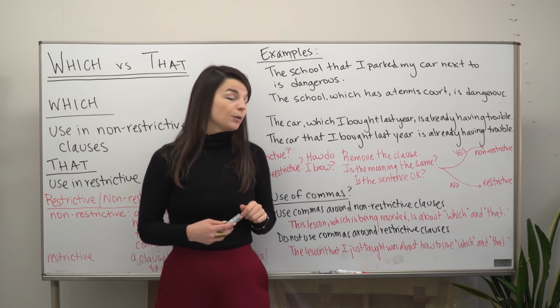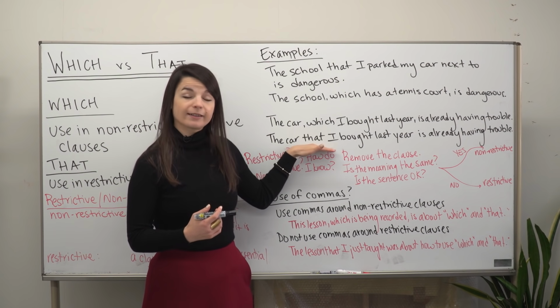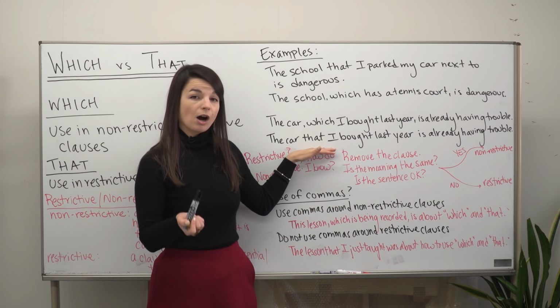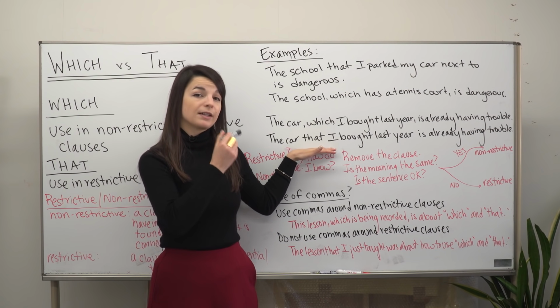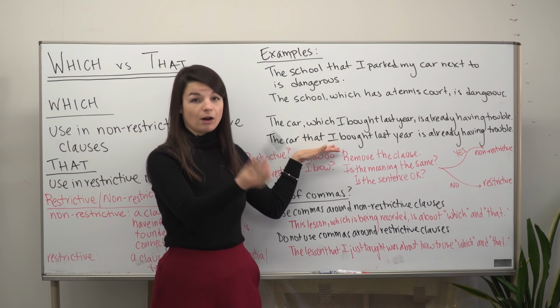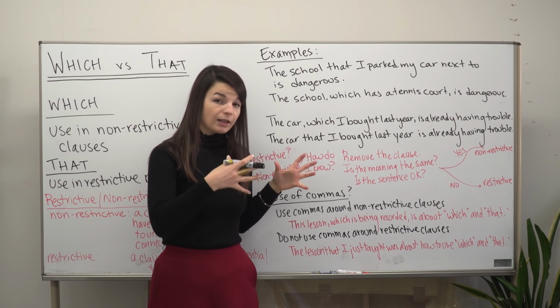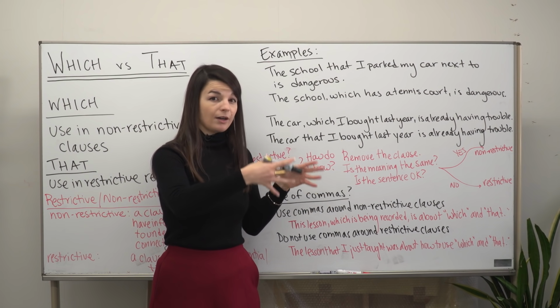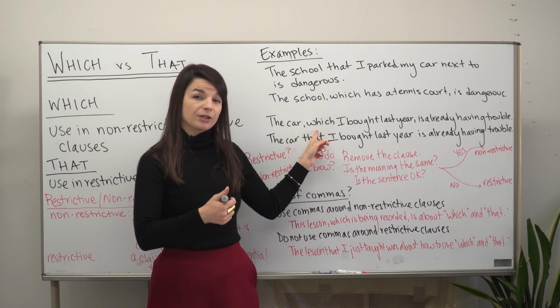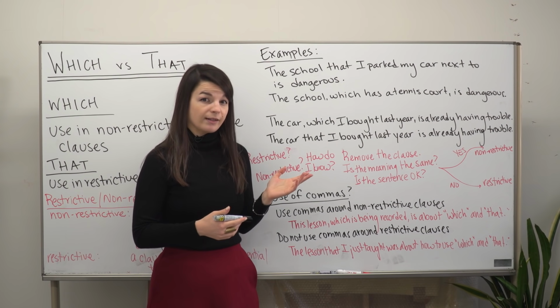So the speaker could be saying here, with the second sentence, the car that I bought last year, specifically a car that the speaker purchased the previous year. This sentence means, therefore, the speaker might have other cars. The speaker is specifically meaning this specific car that he or she bought last year. In the sentence with the non-restrictive clause, we don't have the same nuance.